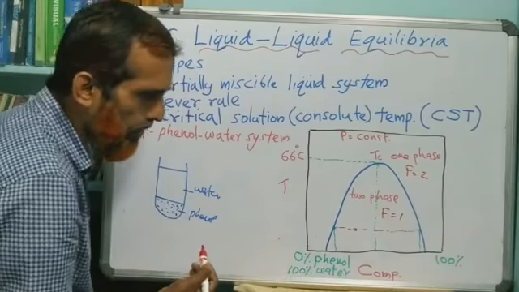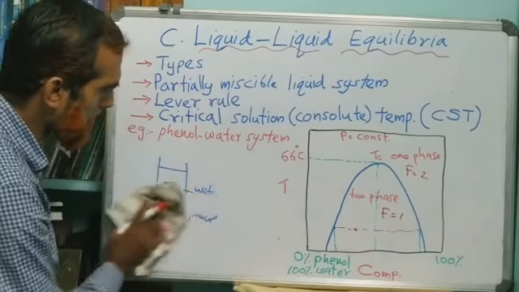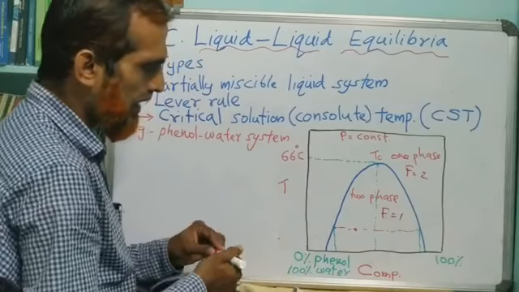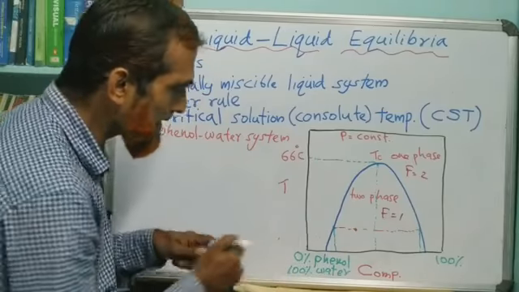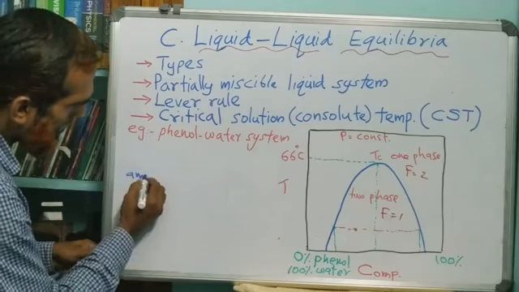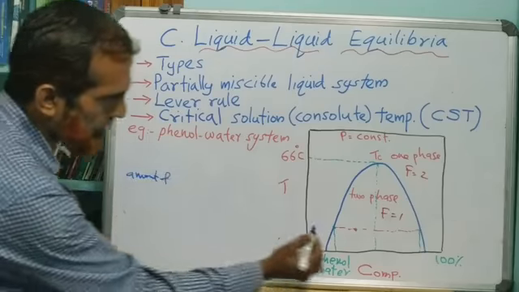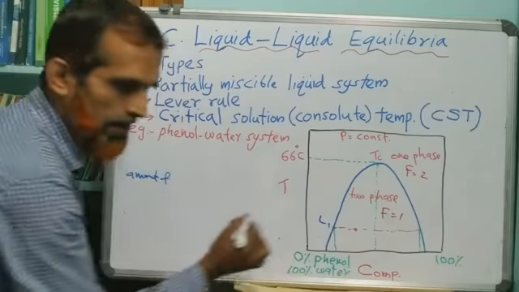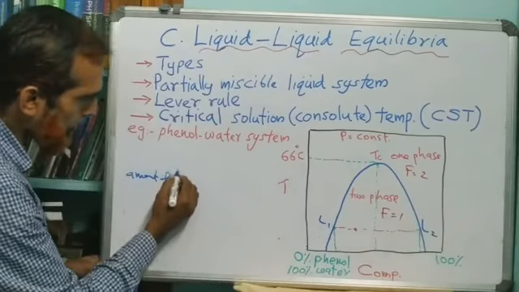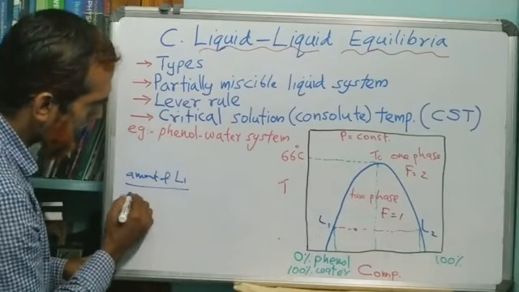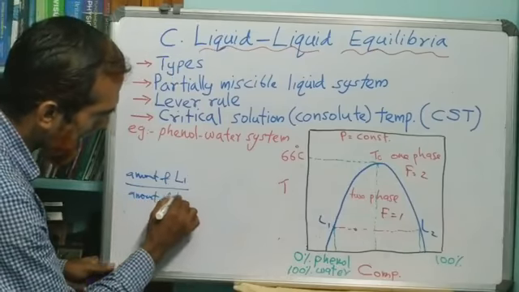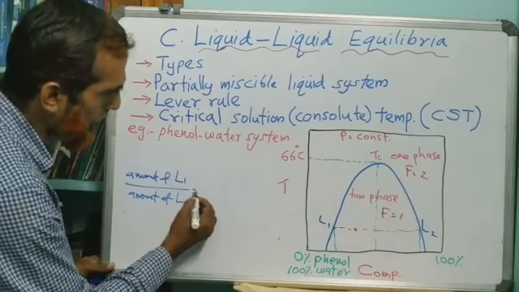So according to the lever rule, the relative amount of the two phases, the two layers, is obtained as: suppose this is layer L1 and this is layer L2, the amount of L1 by the amount of L2 is equal to what?